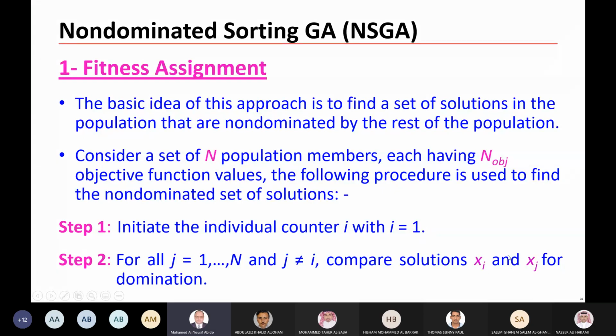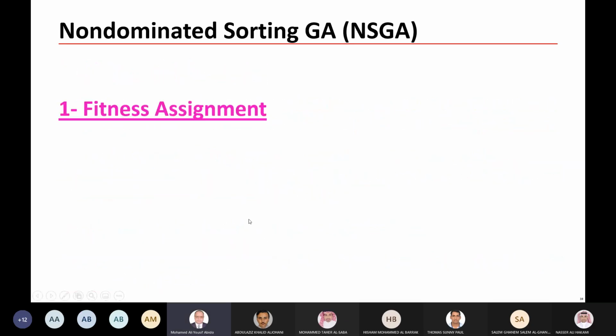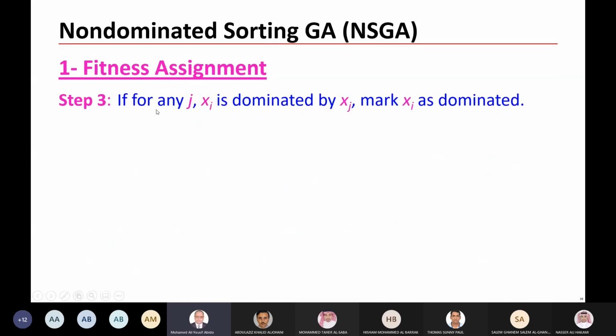This is the dominance comparison, where you apply the conditions for domination. If for any j xi is dominated, you mark it as dominated. You start from solution number one with a for loop from i equal to 1 to n, the population size.